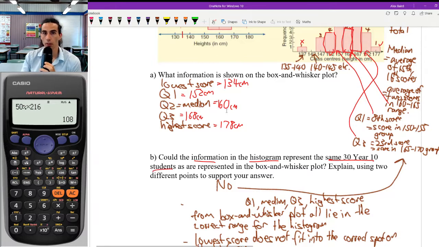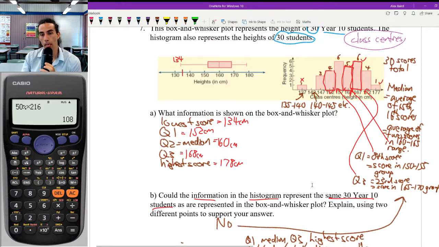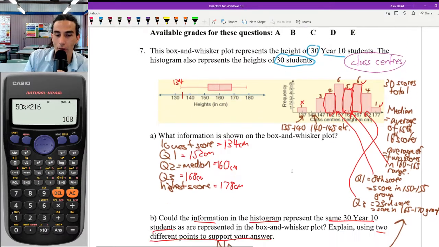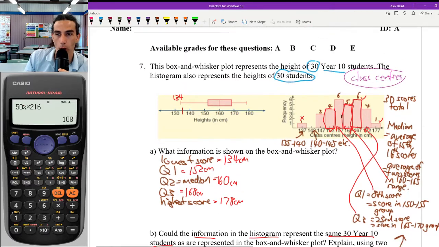No, because of that one. But it does say using 2 different points to support your answer. And for the life of me, all I can think of is the median being 160, and maybe it doesn't fall into that group. But oh well, maybe I wouldn't get an A on this question because I can't find the second reason why it's not the same.